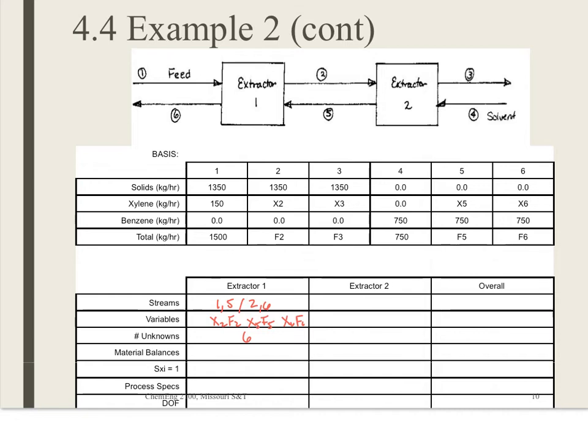I can do 3 independent material balances, one for each component. However, the solids and the benzene balances technically are already done. So really what I get is just a xylene balance. Okay?